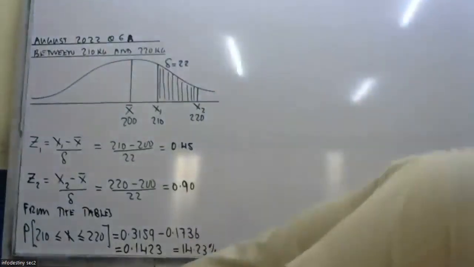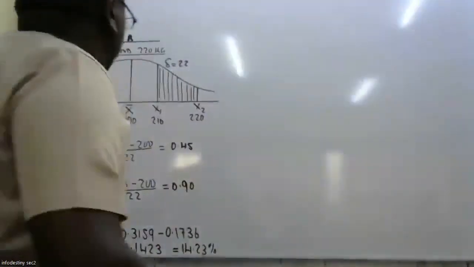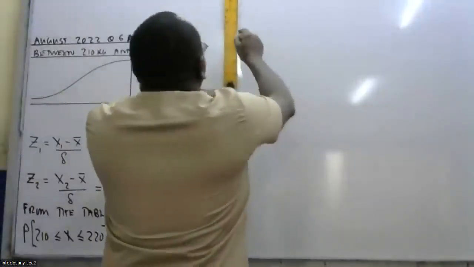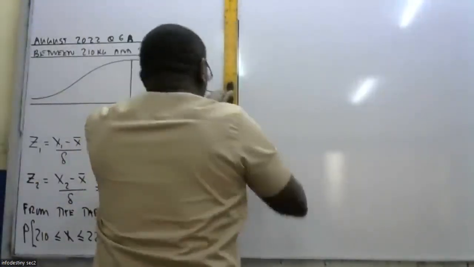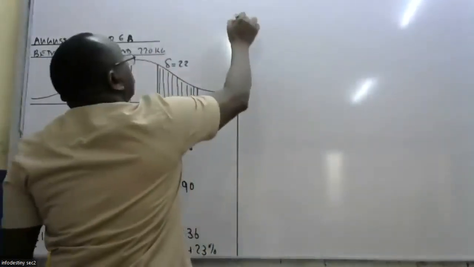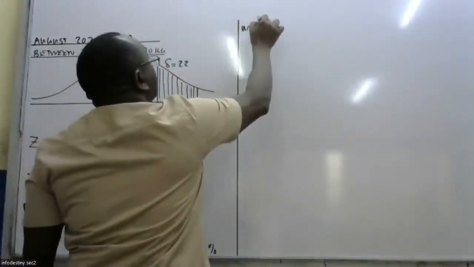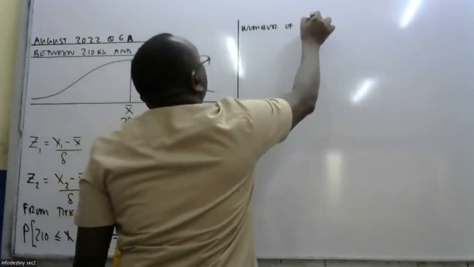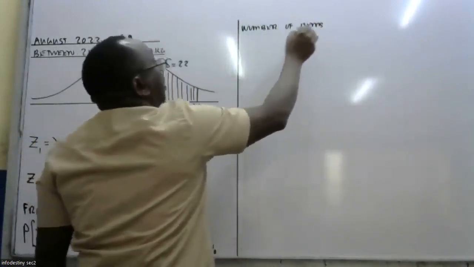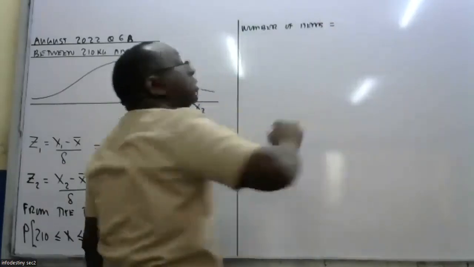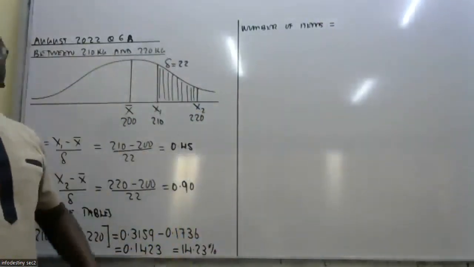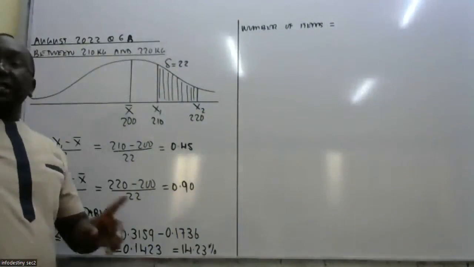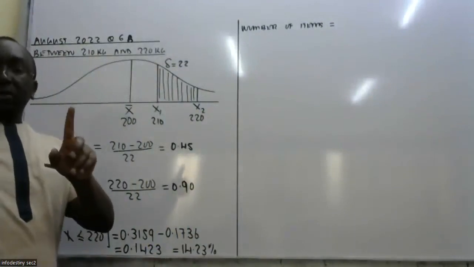How many items are having a weight? So the number of items will be equal to, now this probability that we have gotten here is always expressed as per 1 or 100.